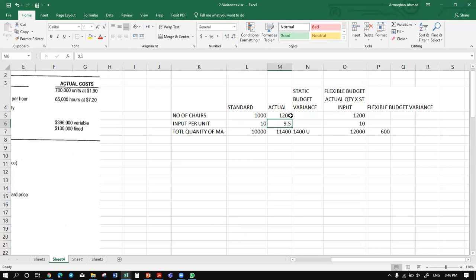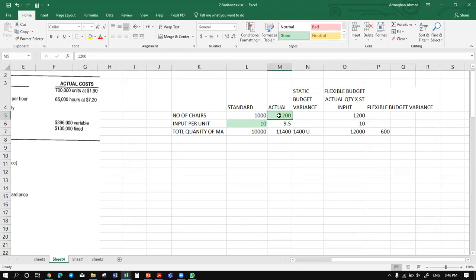So we take 1200 actual and multiply by 10, which comes to 12,000. That is our flexible budget.